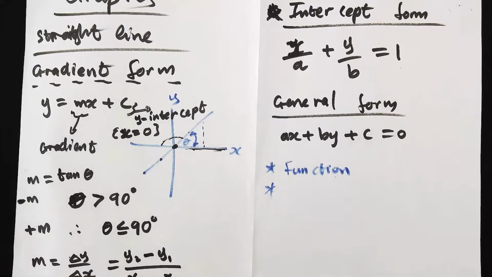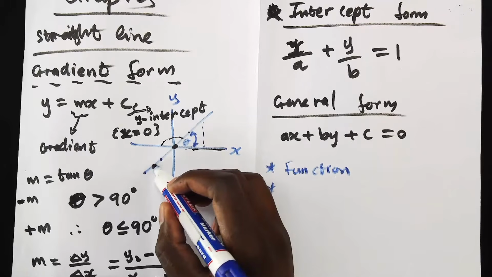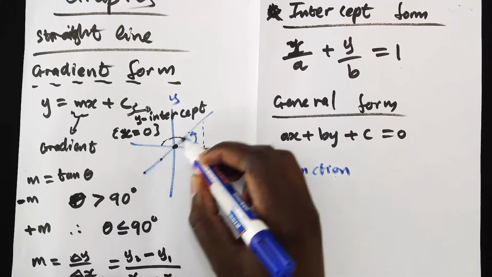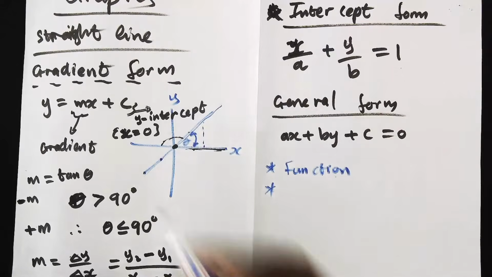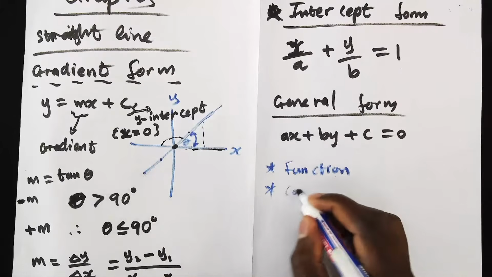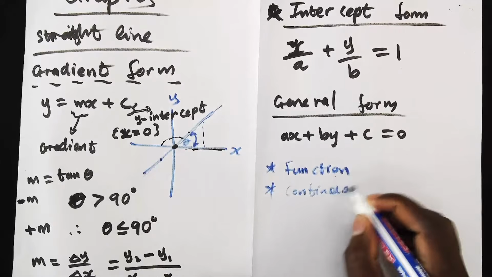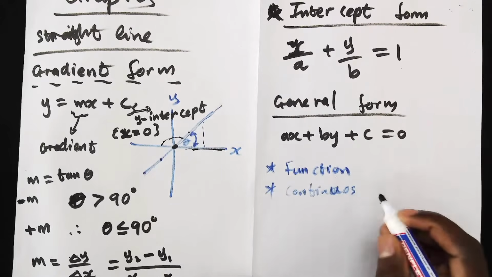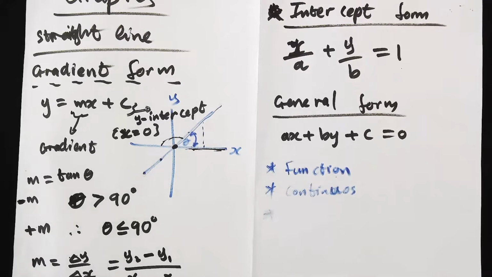No. If you start at this point, say from infinity, or at this point, and you are given a domain, you'll be plotting the x and y values without lifting up the pen. So we state that this is a continuous function. Those are the questions we have to answer.